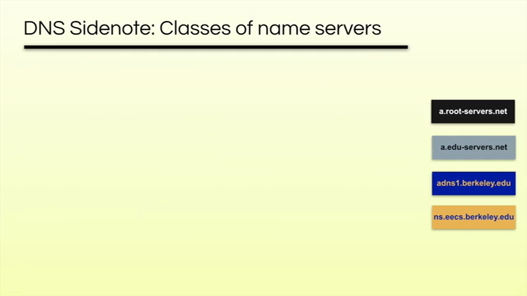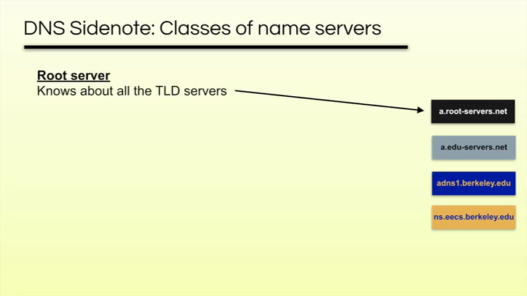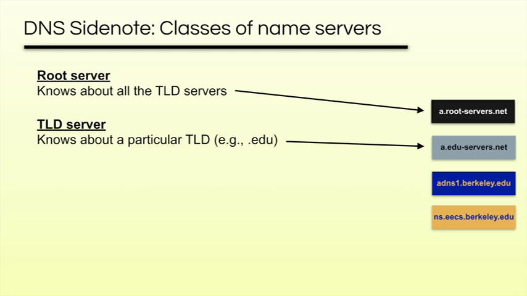So this may be kind of obvious, but I wanted to make a little side note. We already walked through how the domains are broken down into top-level domains and so on, but that was really talking about the names themselves. But there's also a parallel hierarchy for the infrastructure too, the actual name servers. People often classify the name servers by which part of the hierarchy they're in. So at the top, the root server knows about top-level domain servers, and then we have top-level domain servers which know about that particular top-level domain.